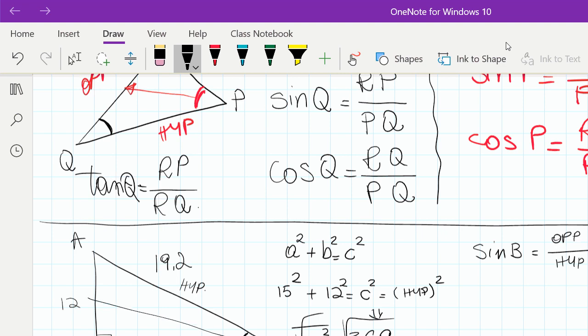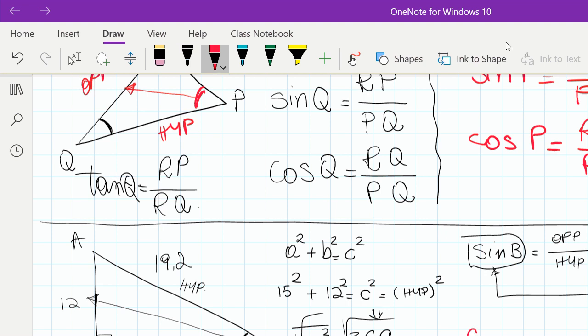In order to find sine of angle B, we'll go opposite of angle B over hypotenuse. The opposite of angle B is AC, so it will be 12 over 19.2. In your calculator, 12 divided by 19.2 will be 0.625. So the sine of angle B will be 0.625.